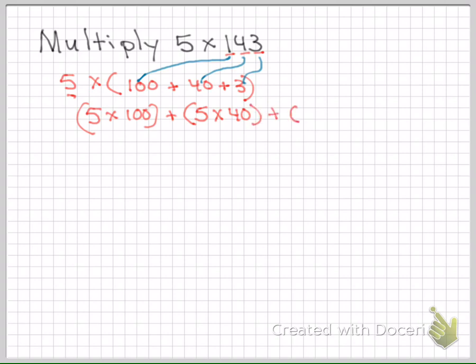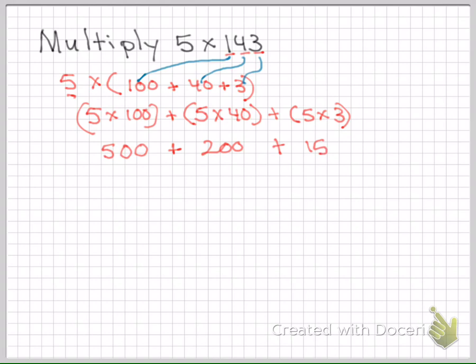And the last thing we want to do is multiply 5 times the 3. Now when we add these up, we get 500. That's a partial product right there, 500, plus 200 plus 15.